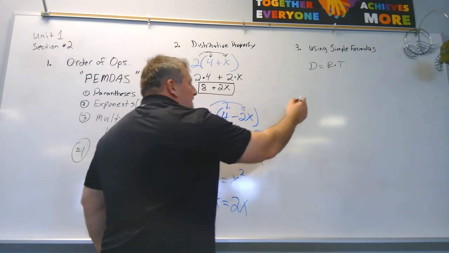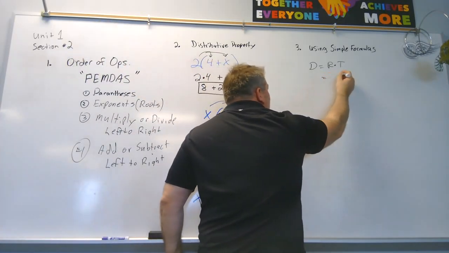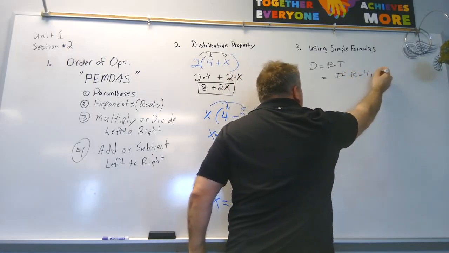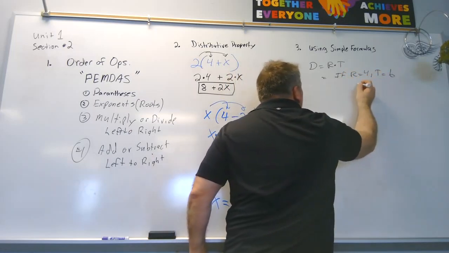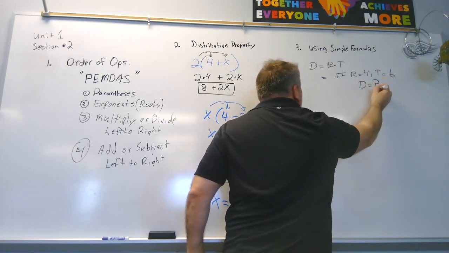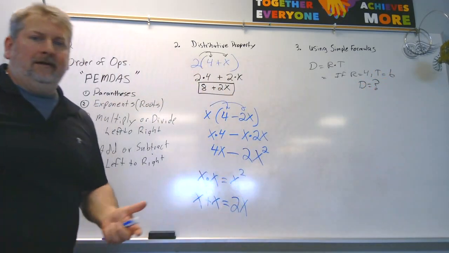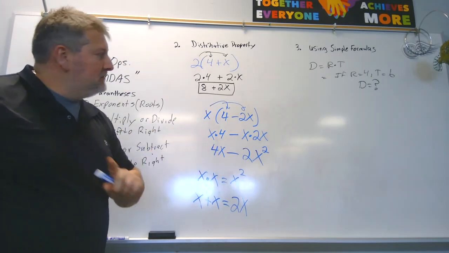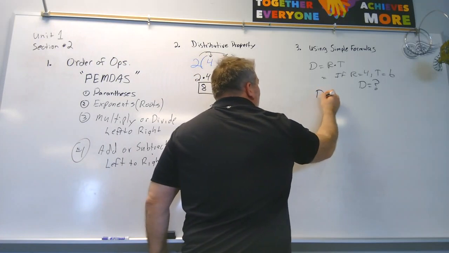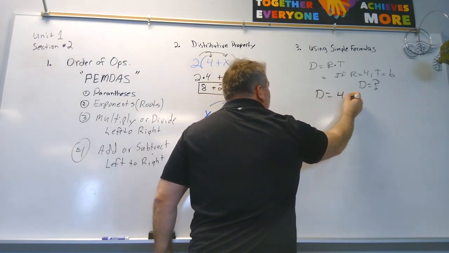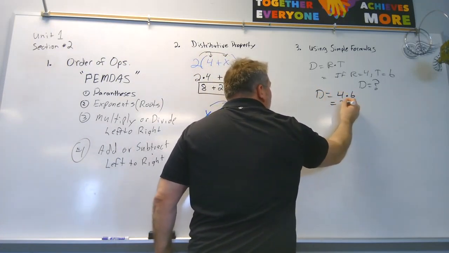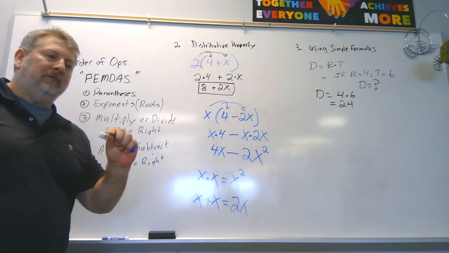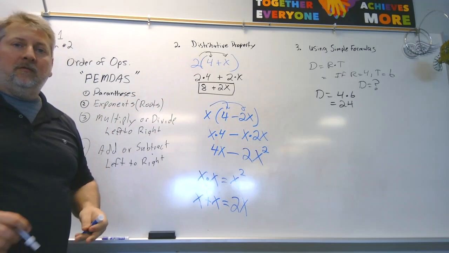So easy question is, if r equals 4, t equals 6, what is d? Again, I give you two variables, easy substitution. D equals 4 times 6. 4 times 6 is 24. Again, simple substitution using simple formulas.